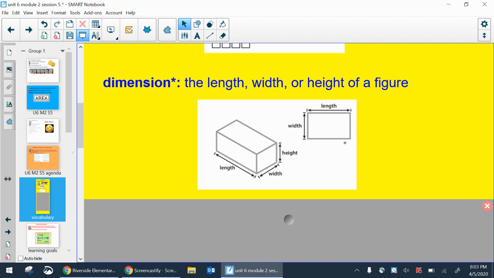But for us, this is where we're going to find our most handy model, our area model, where we're going to need our dimensions to use as a strategy to solve some of the problems that we'll work with today.